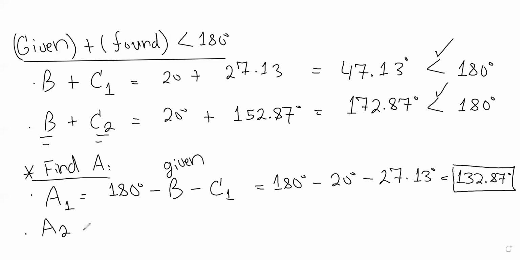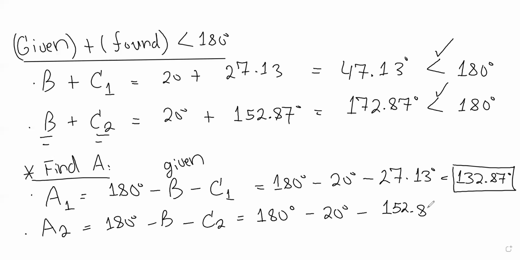Next, we have an angle A2, which is 180 minus given minus C2. Again, for each value of C, we generate a value of A. 180 minus B minus C2 gives about 7.13 degrees. So this is the process. I like to write it out step by step.